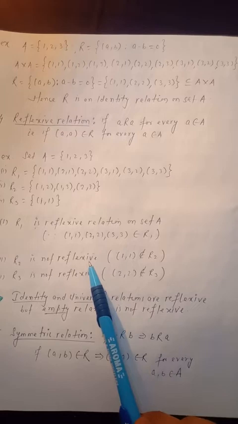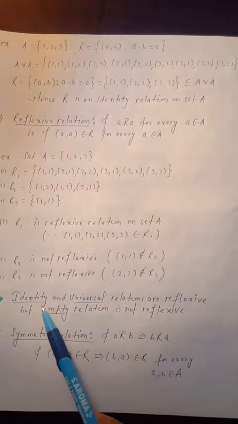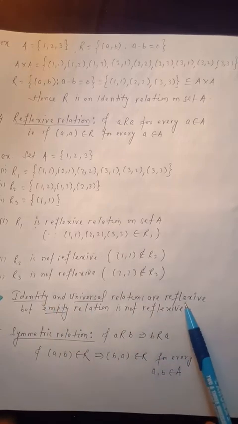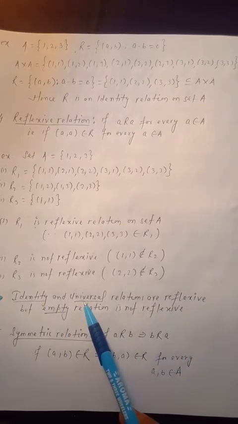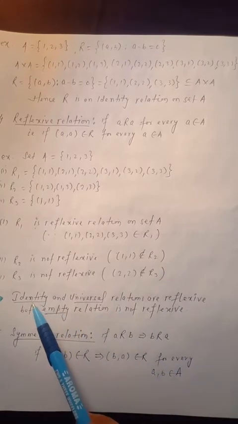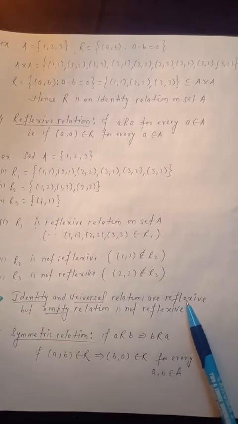Now final point, that every identity relation is reflexive and every universal relation is reflexive. Please note these points, that every identity relation is reflexive.